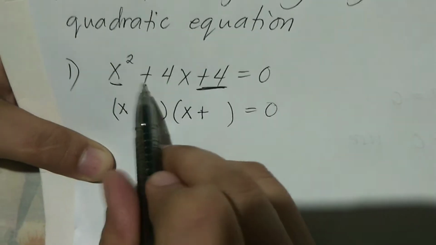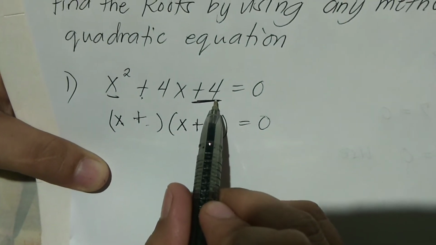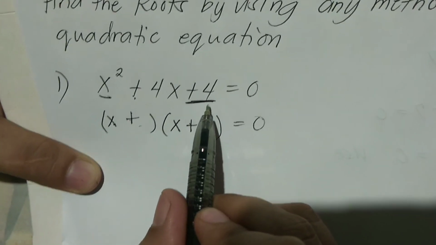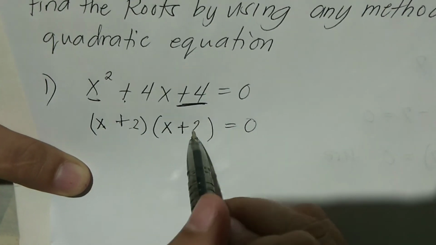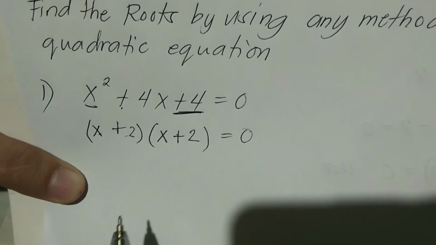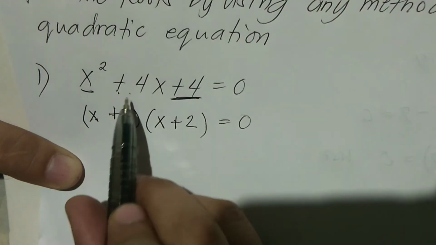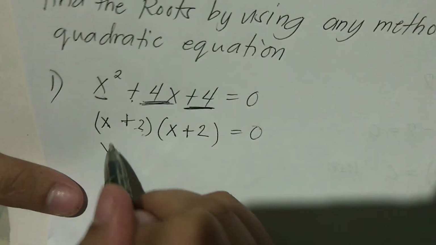Kung negative naman to, parehong negative. And then find the factors of positive 4. Factors of positive 4 are 2 times 2. So, pag inadd nyo yan, magiging positive 4 siya. Masisatisfy niya yung second term. And then, solve.